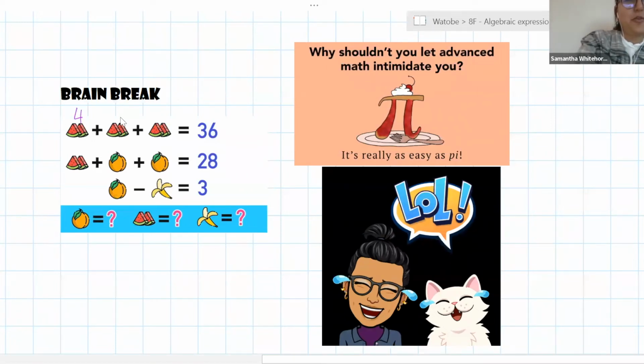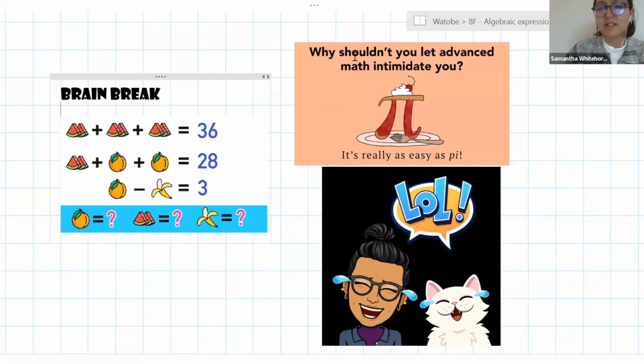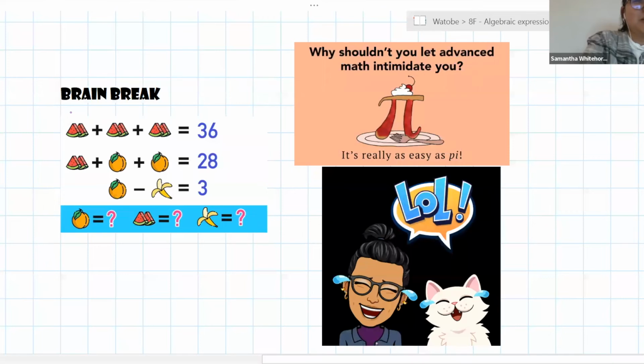If we said 4 plus 4 plus 4, what do we get? We get 12. Okay, so have a think again. What 3 of the same numbers do we add together to get 36? 12. Yes, exactly. 12 plus 12 plus 12 gives me 36. So now I know that my watermelons are all 12.